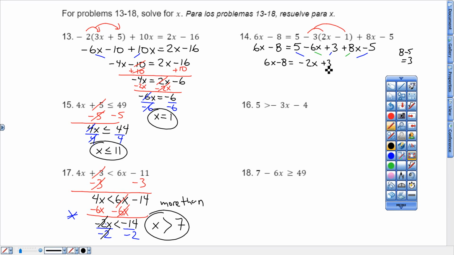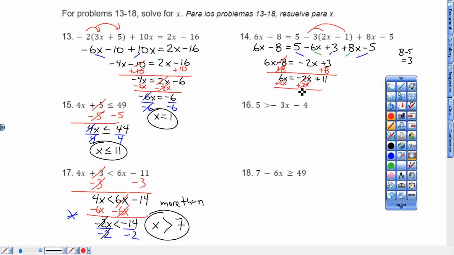Now it's a variables on both sides. Start by getting rid of the plain number on the left by doing the opposite, adding that 8. That gives me 6x equal negative 2x plus 11. Stay on that right side. Do the opposite of minus 2x, which is adding 2x.